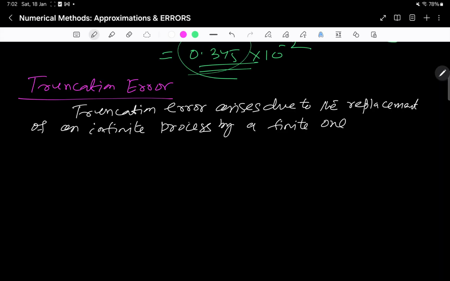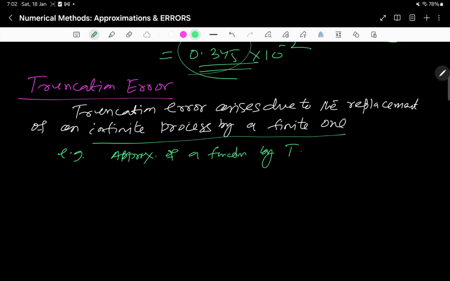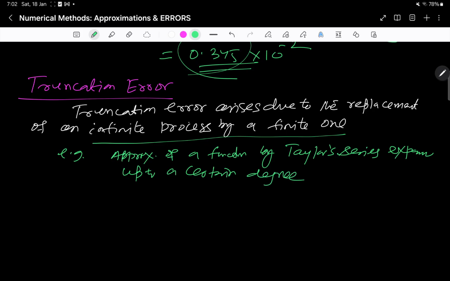Now coming to the truncation error. It arises due to replacement of an infinite process by a finite one. For example, the approximation of a function by Taylor series expansion up to a certain degree. This is an infinite series.